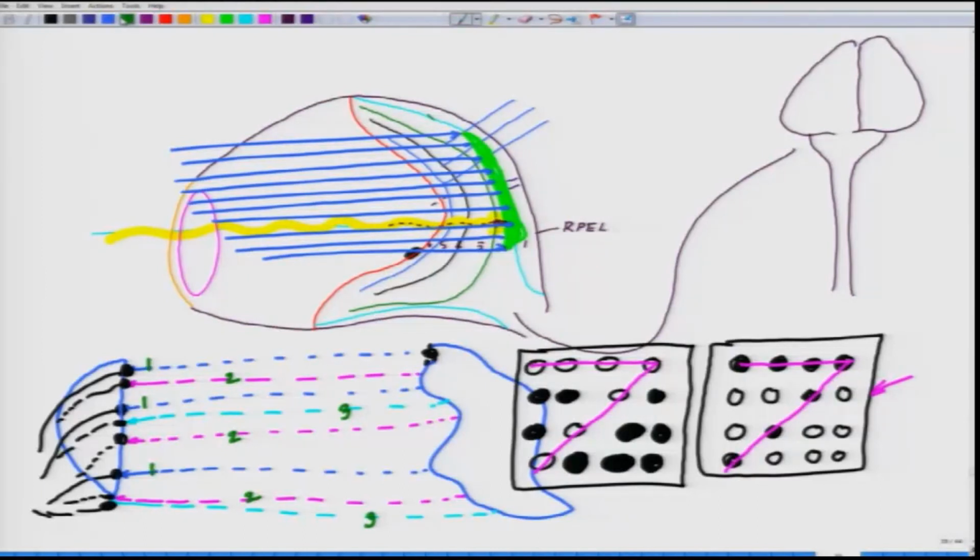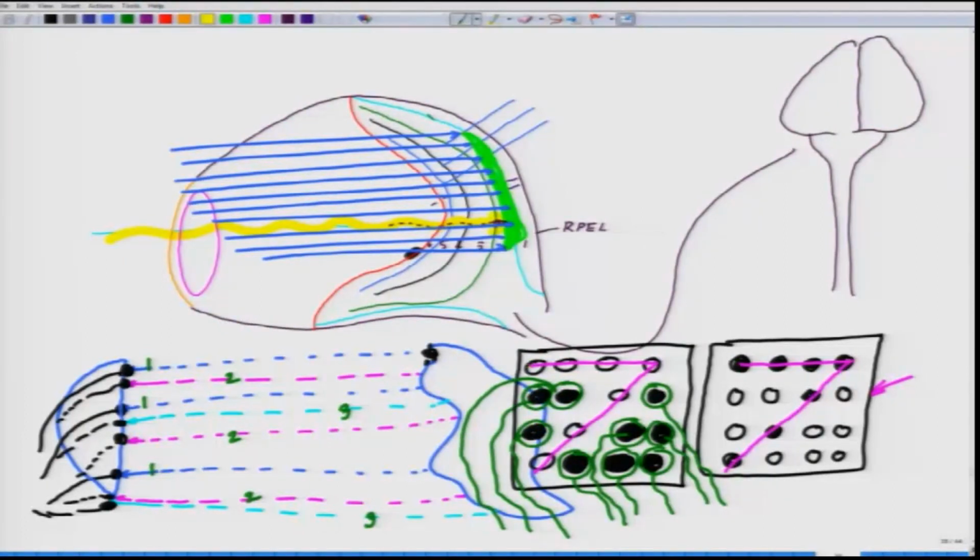So now imagine these dark cells are photoreceptor cells which are electrically generating dark currents and sending a signal at a particular point of time.